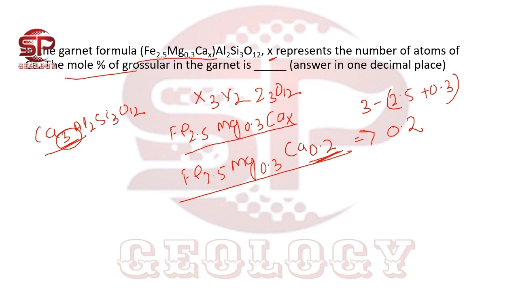So what will be the percentage? If it is 3, it is 100%. Now it is 0.2, so we have to calculate the percentage of 0.2 out of 3. It will be 0.2 by 3 into 100, which is 6.6%. The answer will be 6.6%.